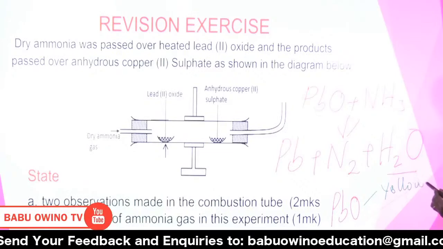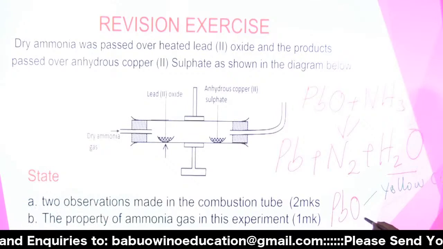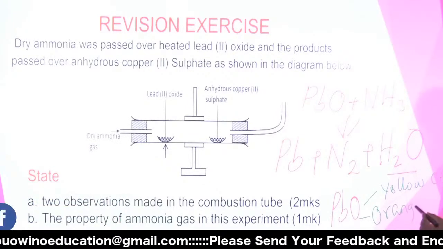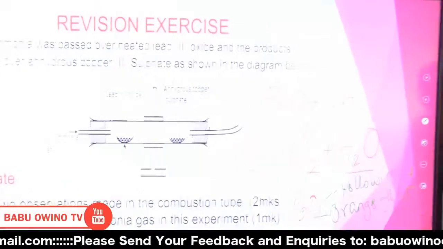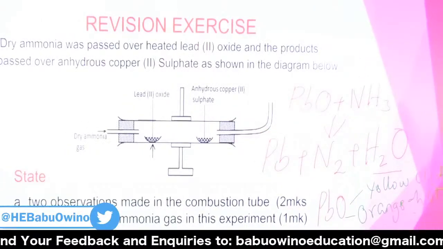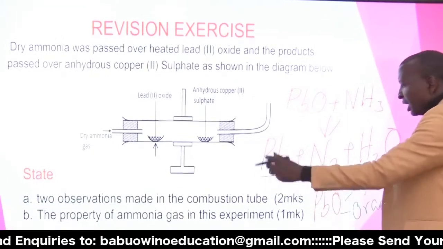It is yellow when it is cold, and it is orange when hot. So the lead oxide will change from yellow to orange and finally gray, because lead metal is gray.